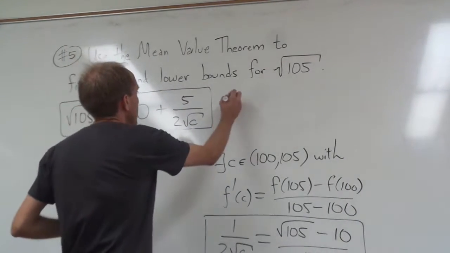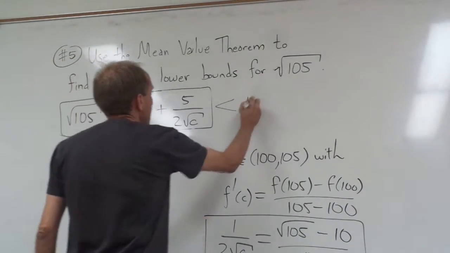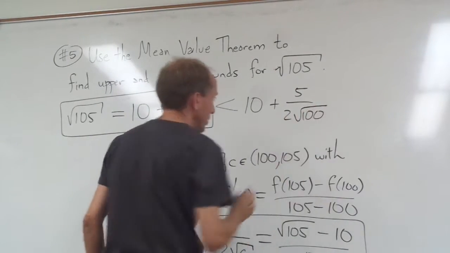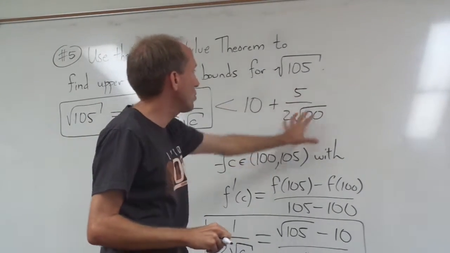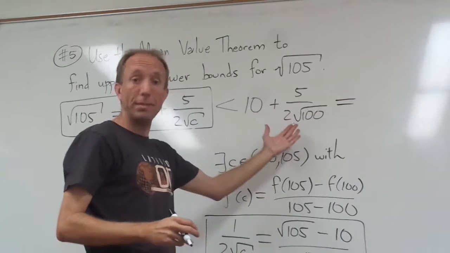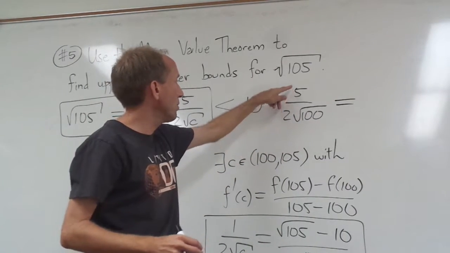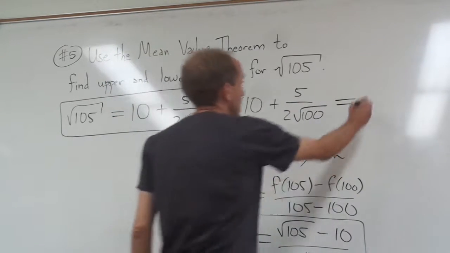So in other words, what we currently have here is less than what we get if we replace the c with 100. I've made the denominator smaller, which is making this whole thing bigger. But the nice thing now is I can actually calculate this. This is going to be 10 plus 5 divided by 20, in other words, it's 10.25.